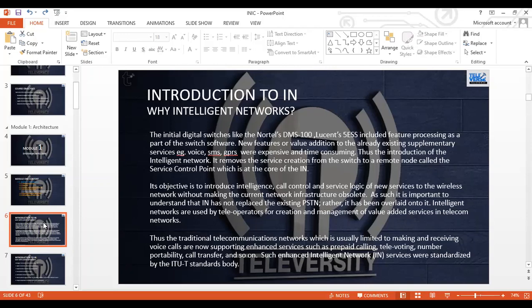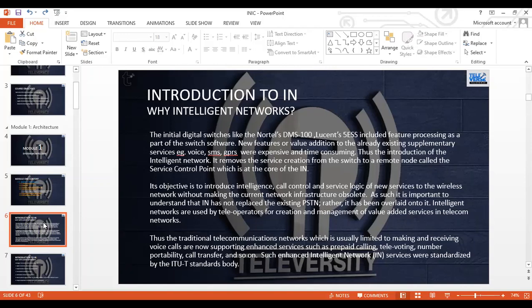So the IN was more or less used to deploy services. Let me put it that way. In summary, the IN is to help in creating and managing value-added services in telecom networks. All right, good.